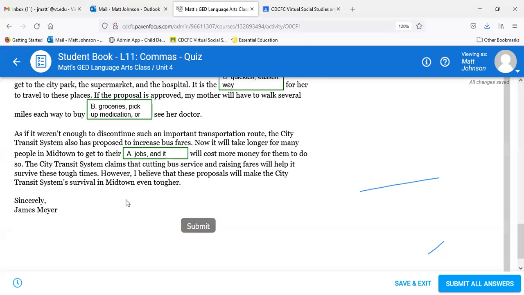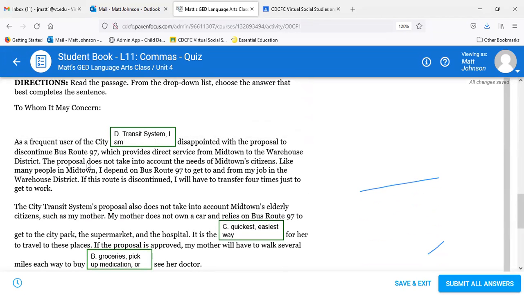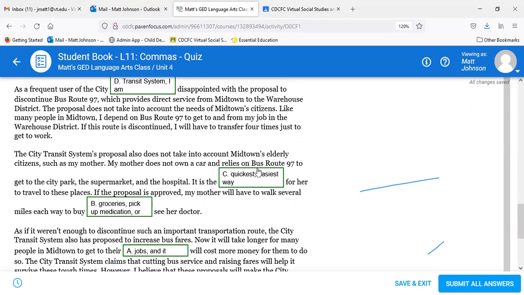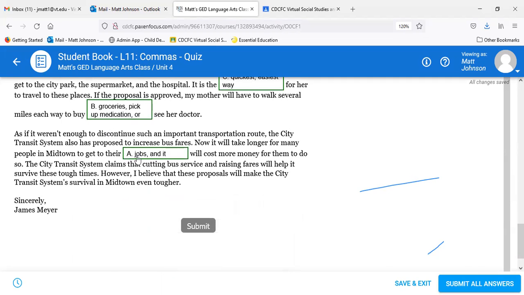Okay, so there we go. We had an introductory clause for the first example, and then we separated our descriptive words, our adjectives, in the second, and then a list, a serial comma, for the third, and then we separated by a conjunction, and that's two complete sentences there, right?